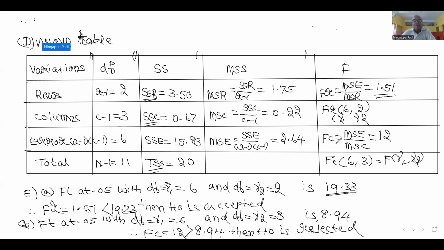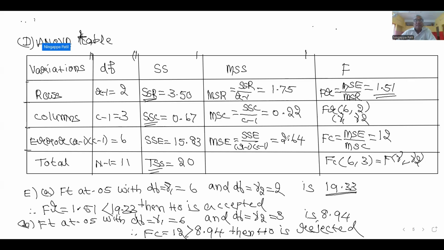Now, here, you have to find FC equal to MSC divided by MSE. Look here, MSE divided by MSC also it may be, but MSE is greater than MSC. Therefore, you take this value in numerator. Always take the greater value in numerator, smaller value in denominator, because F is always greater than 1.